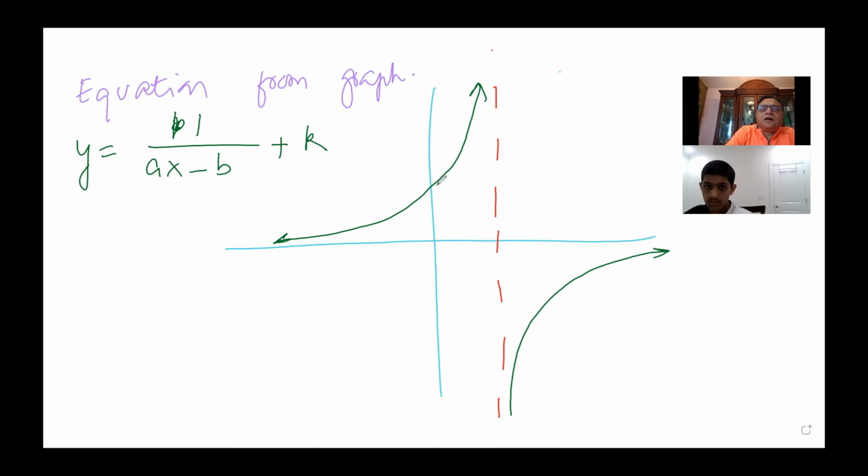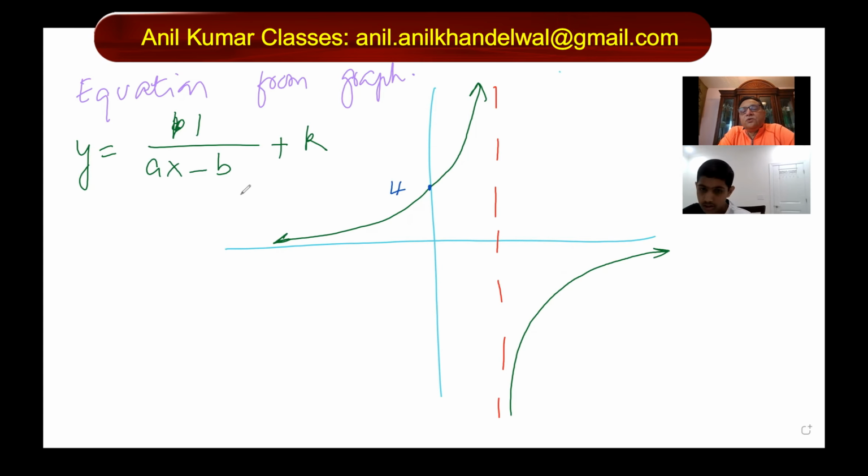These points are the x-intercept, which is, let us say, 4, 0. But we have how many unknowns? We have 2 unknowns, right? And I have only given you 1 point, which is the x-intercept. I need to give you 1 more point to find the values. Otherwise, you'll get a family of graphs, correct?